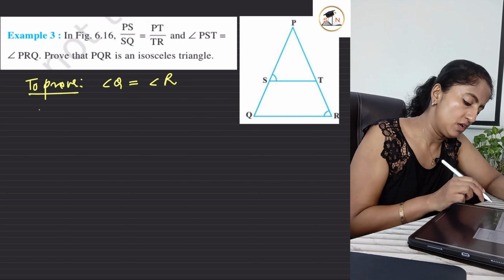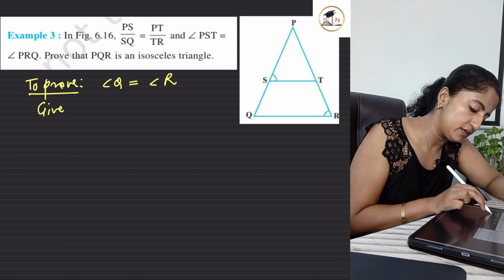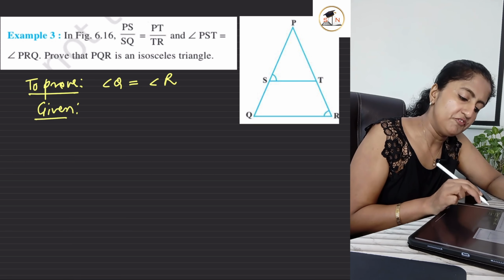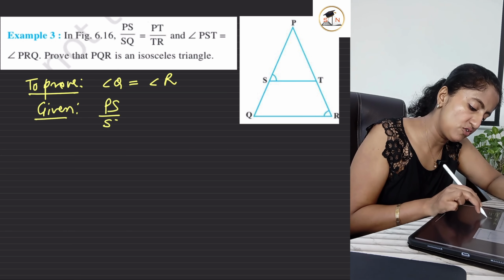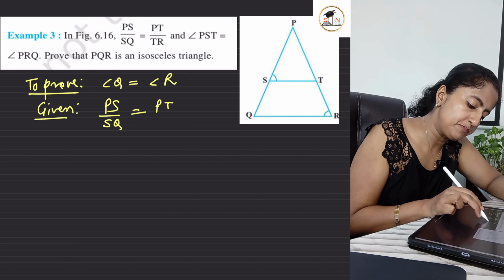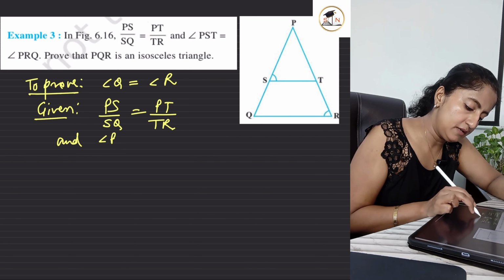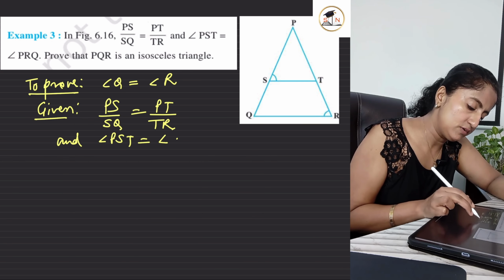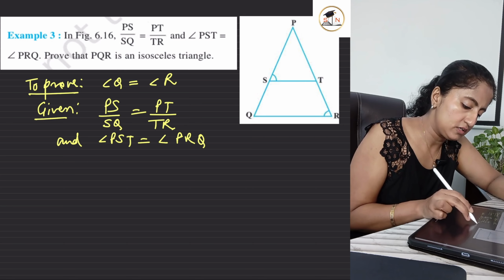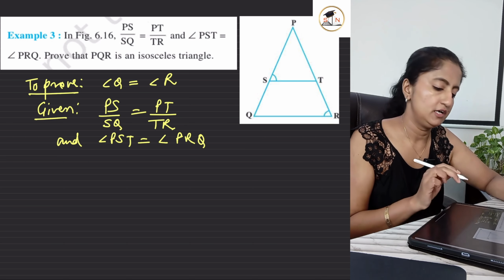We are given that PS over SQ equals PT over TR, and also angle PST equals angle PRQ. We are given these two things.